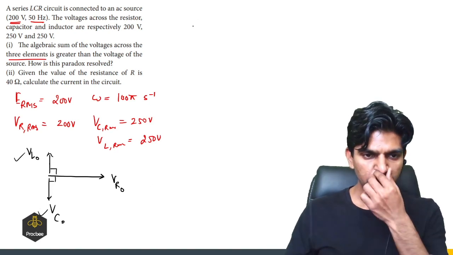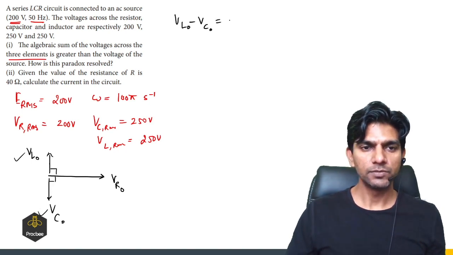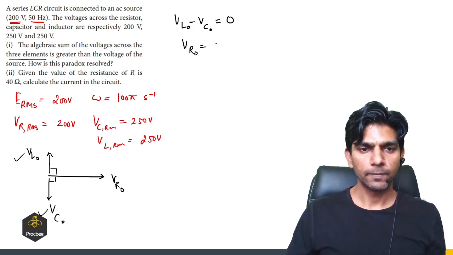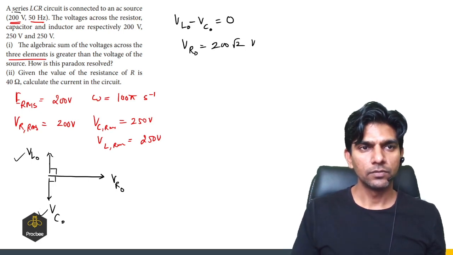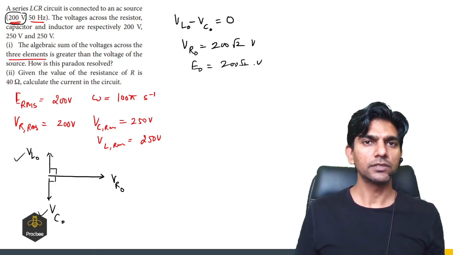If we add them vectorially, VL naught minus VC naught comes out to be 0. Is it clear? And VR naught is nothing but 200 times root 2. And what is the EMF? We have E naught given as 200 times root 2. So can you see it comes out to be the same.